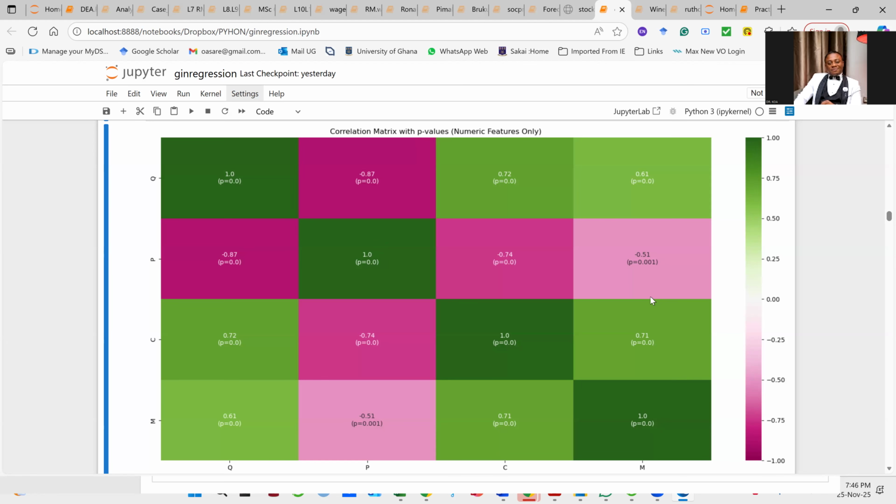But you want the p-value to be less than 0.1%, or less than 0.01%. That is when you know that the p-value is highly, highly significant. Do you understand?